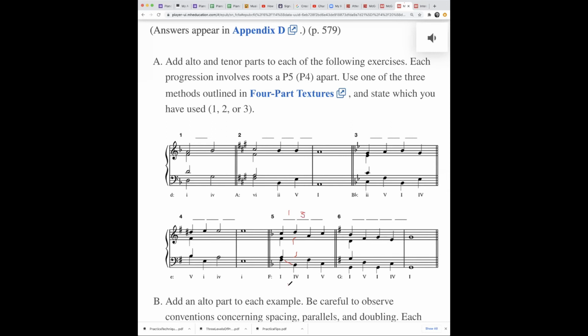We got B flat, D, F going to F, A, C, and we got D in the soprano going to A in the soprano. So we have the third in the same part, which just happens to be the soprano in this case.